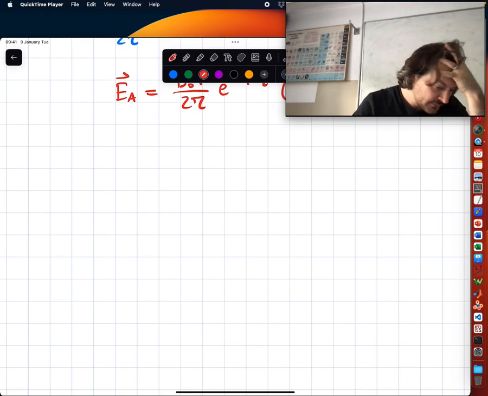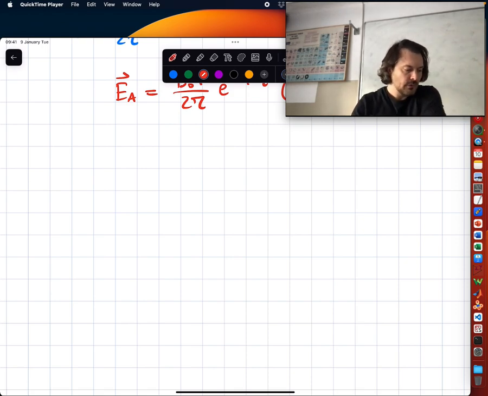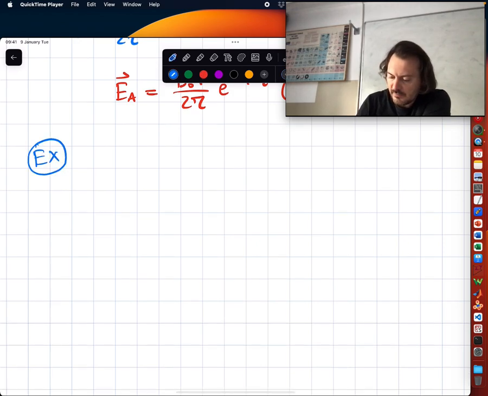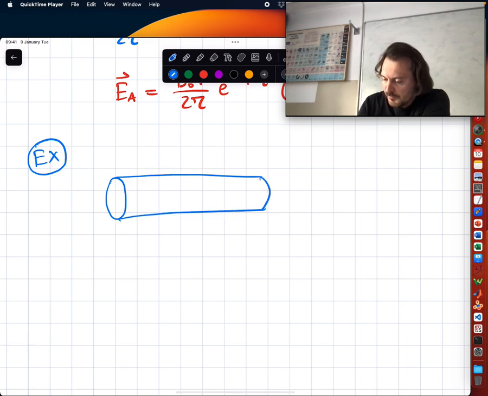Let's look at this question. Consider a coaxial cable whose inner conductor is a thin hollow tube of radius R1 and outer shell is also a thin hollow tube. So both of them are thin hollow tubes.